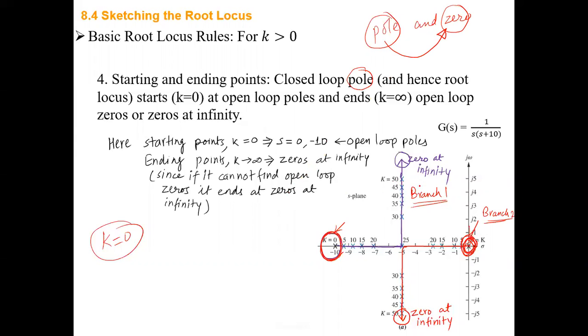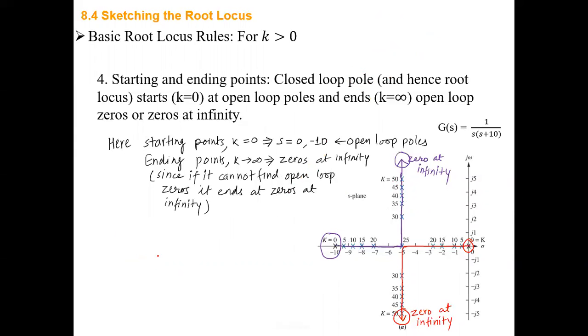But you might ask me a question here. You will ask me a question, I know that. What is this guy? Our transfer function is 1 over s times s plus 10, right? So how many poles do I have here? I have 2 poles: s equals 0 and s equals negative 10.